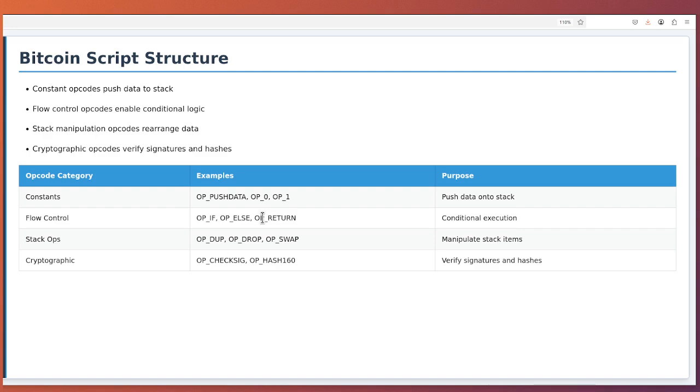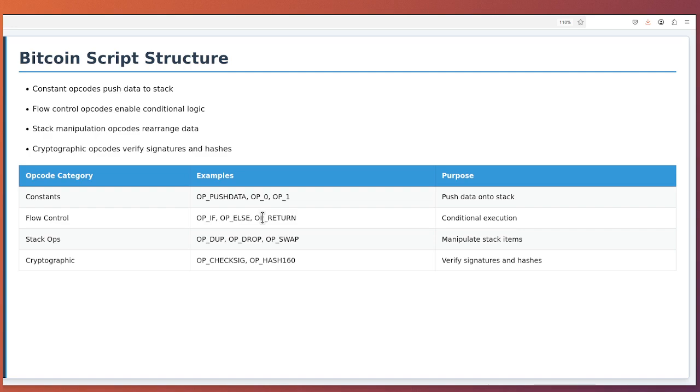Arithmetic opcodes perform mathematical operations like OP_ADD, OP_SUB, OP_EQUAL for equality checks, and various comparison operators. Cryptographic opcodes are perhaps most important, including OP_HASH160 which performs SHA-256 followed by RIPEMD-160, OP_CHECKSIG which verifies an ECDSA signature, and OP_CHECKMULTISIG which verifies multiple signatures.